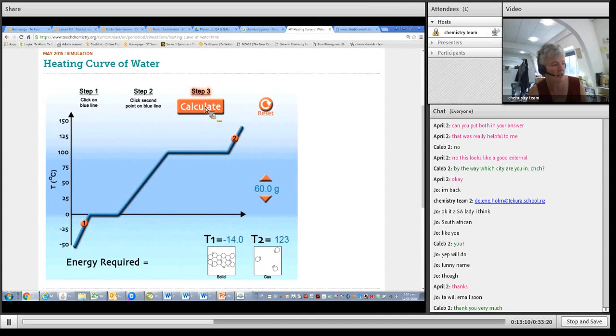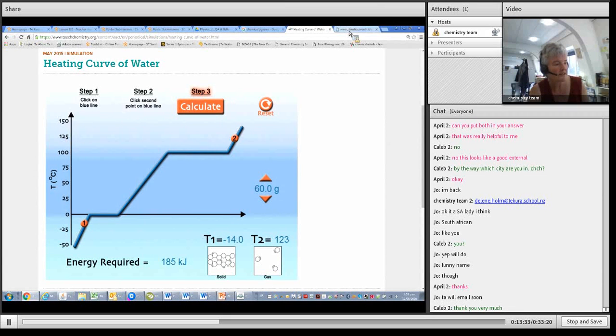If I now calculate, it's 185. So I actually break quite a few more particles to get it, sorry, I don't break particles. I break the forces between the particles. So I break quite a few more intermolecular forces to get it to the gaseous phase. So that's quite a nice little interaction to see what's happening.